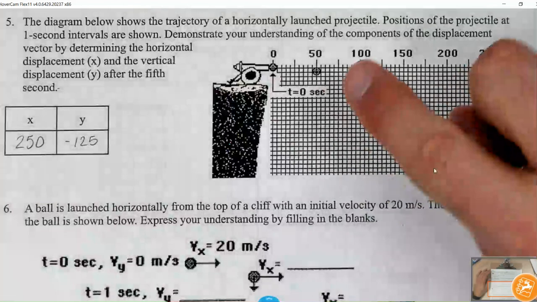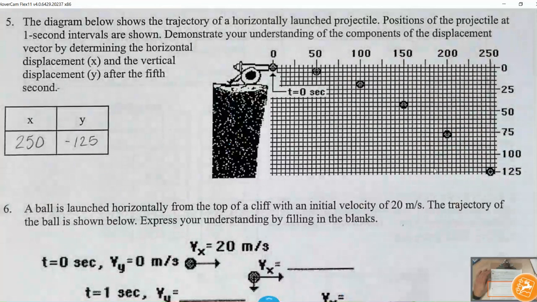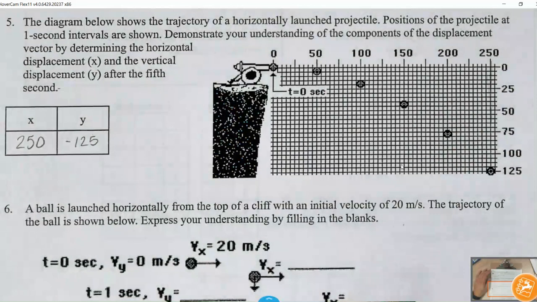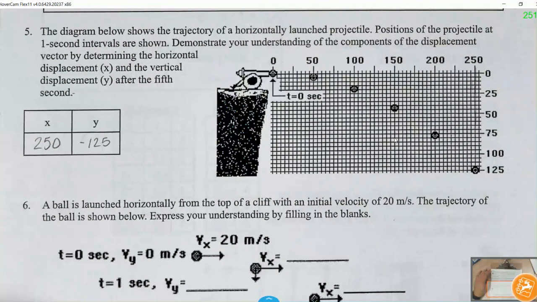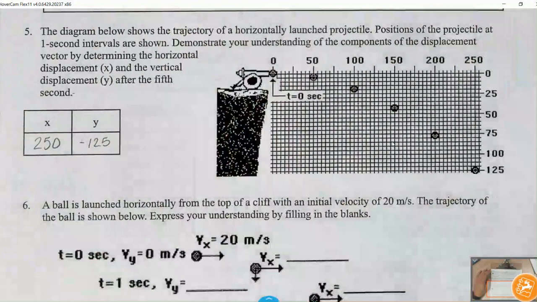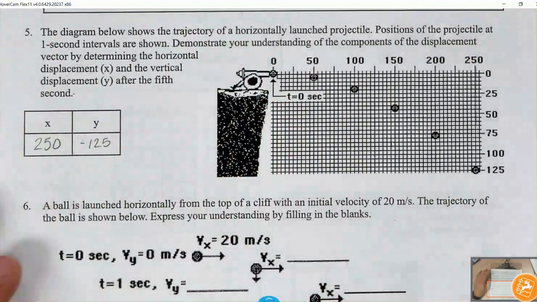So if I ask you guys, what speed was the cannonball originally shot at? Shot horizontally. How fast was it moving horizontally out of the cannon? So let me ask it like this then. How far apart are they spaced, left and right? 50.